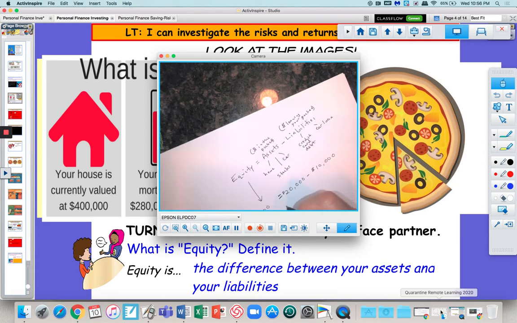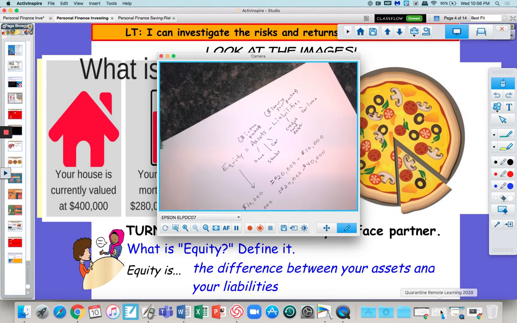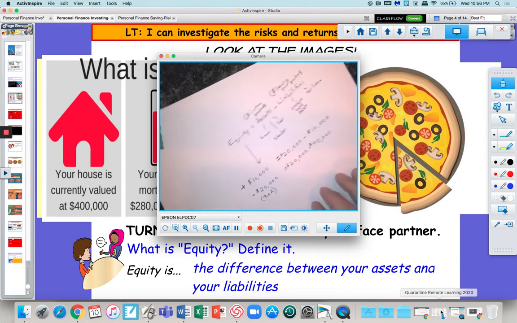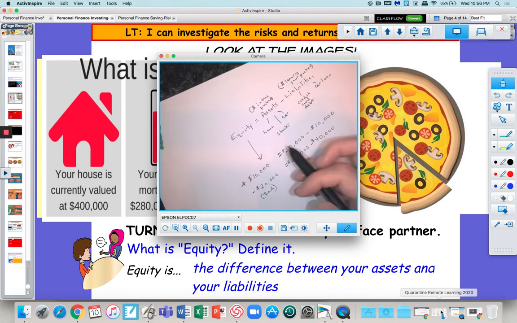But if let's say you had again 20,000 in assets, but then you owe 40,000 in student loans, well then your equity would be minus 20,000. In other words, you would be in the red. That would not be good. Okay?